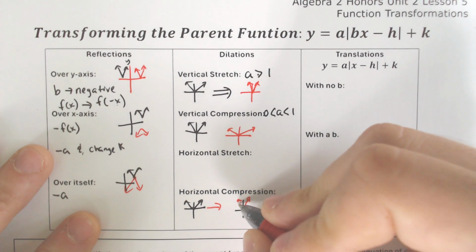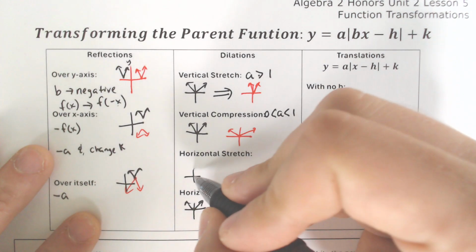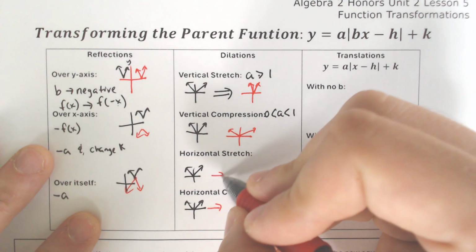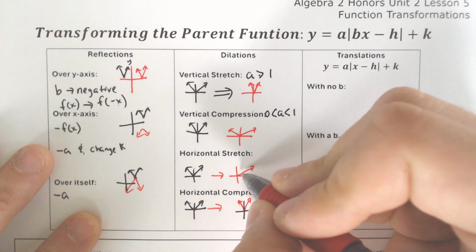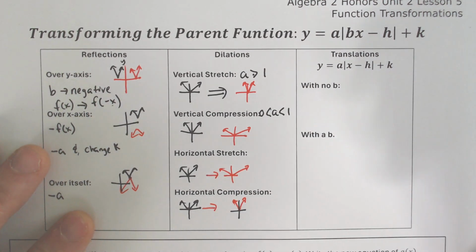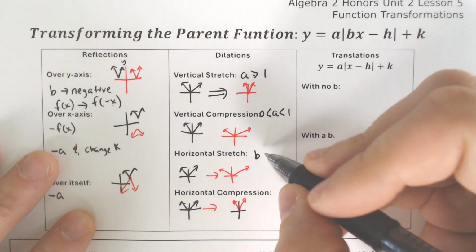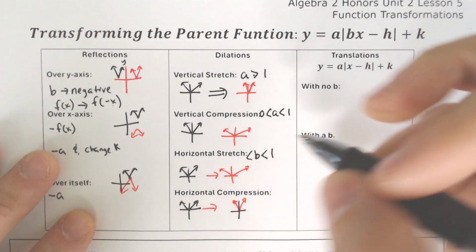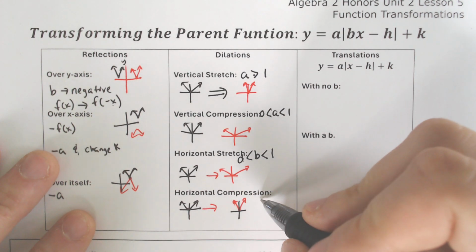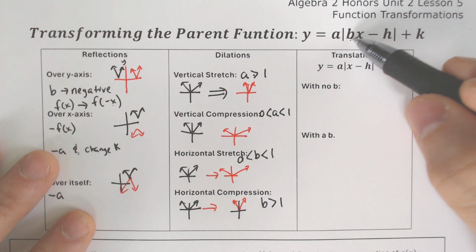If you compressed it horizontally, you pushed in somebody's arms from hugging you, versus a stretch where you stretched the arms out horizontally, like so. A horizontal stretch would be when the b value is smaller than 1 but greater than 0, versus a horizontal compression when the b value is greater than 1. That would be the b value right here.